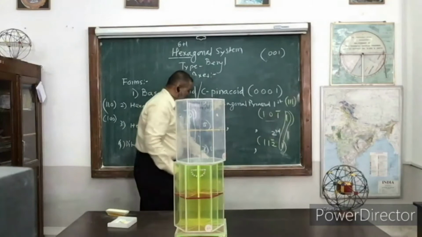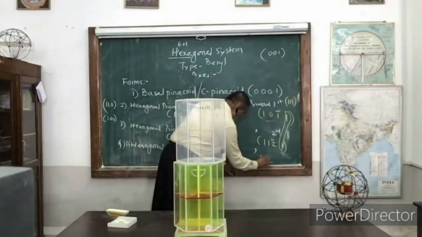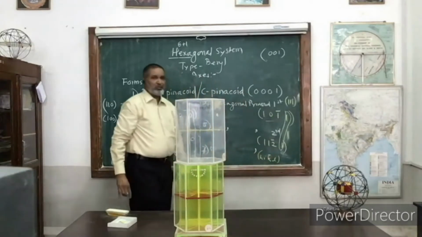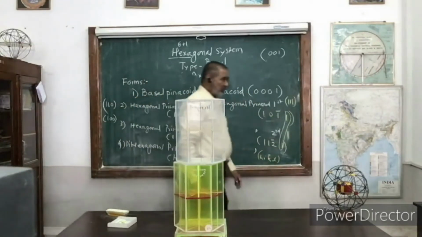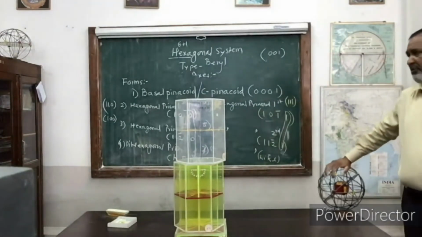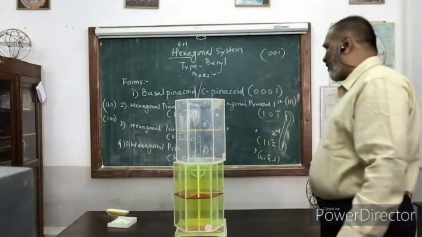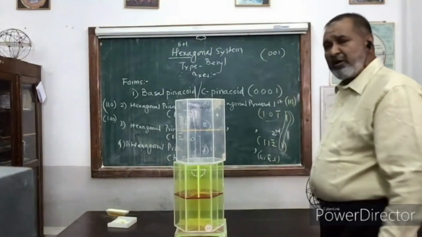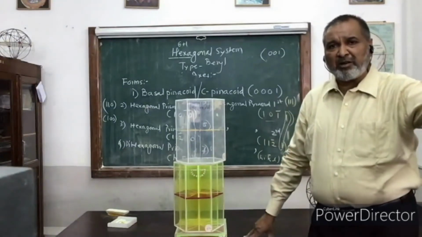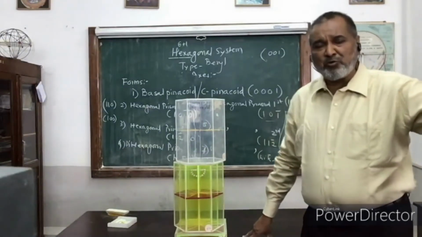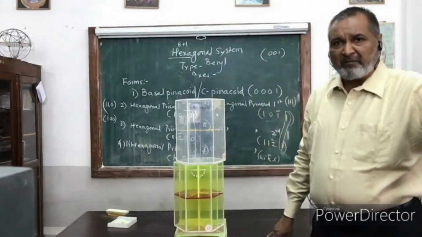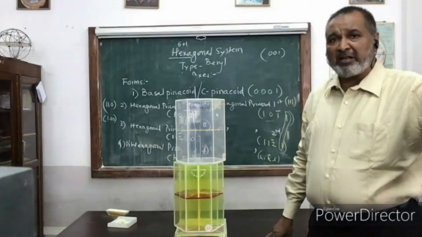Now the dihexagonal pyramid will be cutting all: h, i, bar k, l. So all four are going to cut. So h, i, bar k, l. So in the hexagonal system beryl type, what are the forms? We have the prism pinacoid, then hexagonal prism first order, 1, 0, bar 1, 0. Then prism second order, that is 1, 1, bar 2, 0. Then dihexagonal prism, that is h, i, bar k, 0.